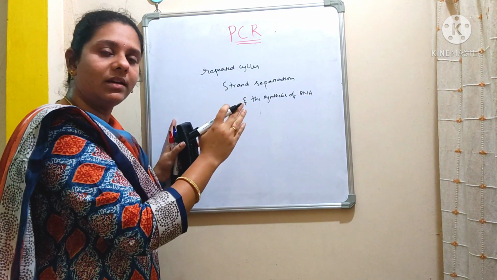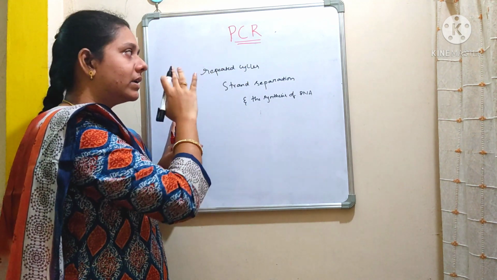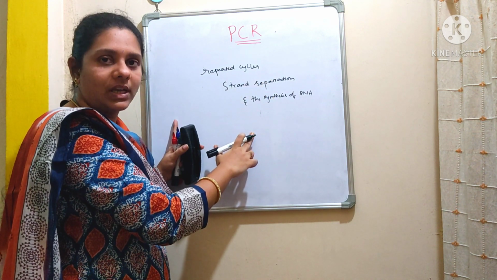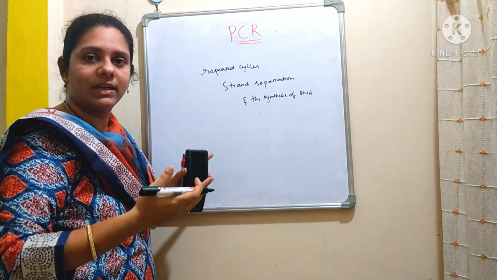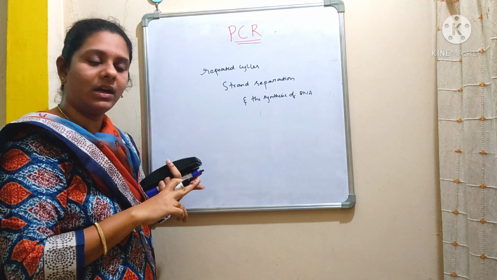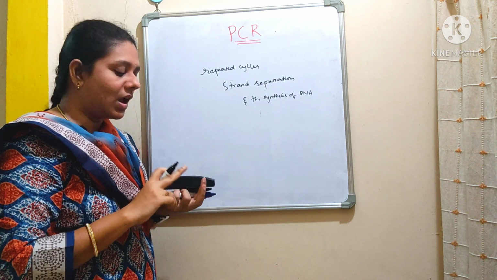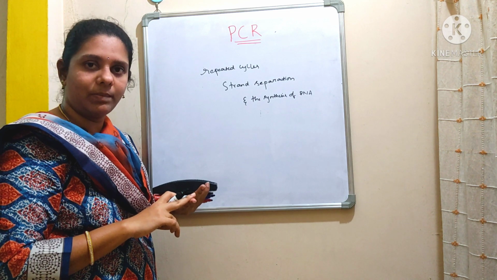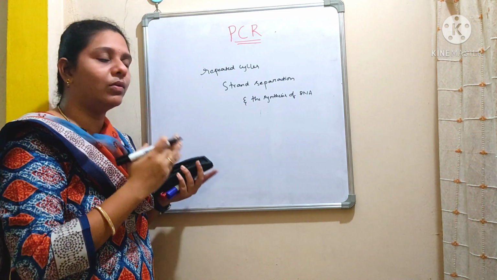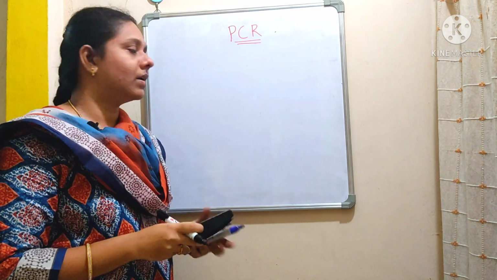It is set in such a way that we carry out repeated cycles of strand separation and synthesis of DNA by providing certain reagents. Like we need to provide a DNA template, an enzyme, that is DNA polymerase enzyme, dNTPs and also primers, forward primer and reverse primer. So we are going to provide 2 sets of primers. I'll explain each in detail.